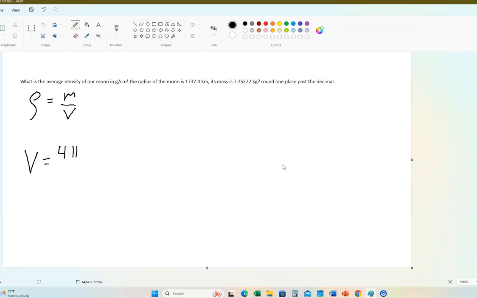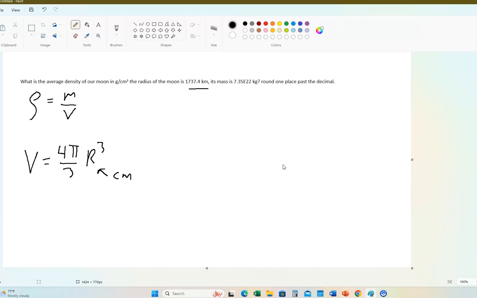So the volume of any sphere is 4 times pi divided by 3 times the radius of the sphere to the third power, and r has to be in centimeters, so that when we cube it, we're in centimeters cubed. Now, you can notice right away the radius of the moon is not in centimeters.